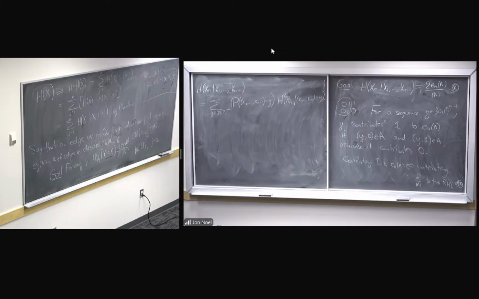So now I want to think about how much each y contributes to this. If it contributes the same amount to the left-hand side as the right-hand side, then these things are equal. If I've got a y, there are kind of 3 cases.